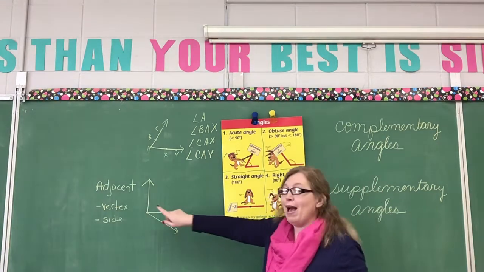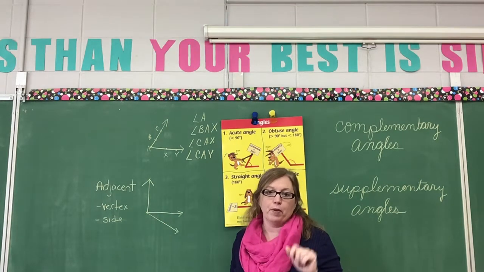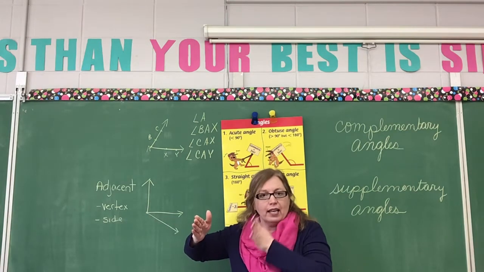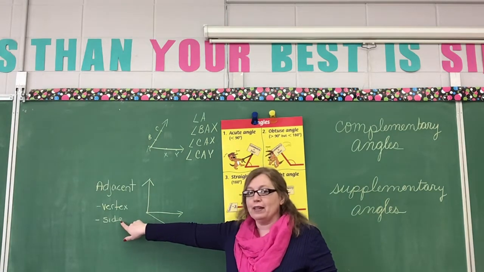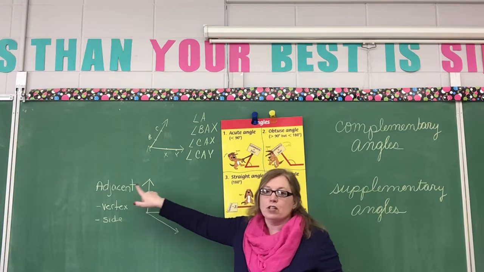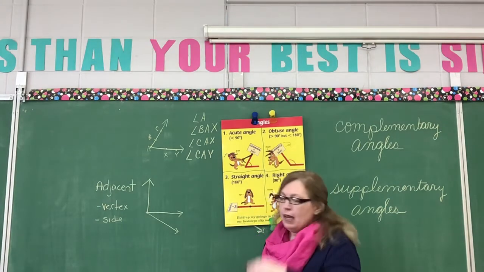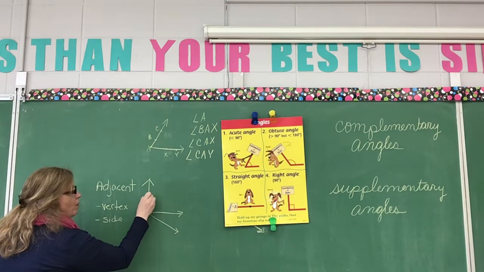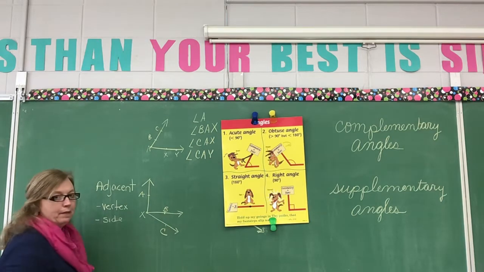So, when you have an adjacent angle, 2 things must be shared. One, you must share a side, just like Chris and our family share a side between our houses. The other thing is you must share the vertex in an angle. Here I have drawn two angles that are connected. Let's make this X, we'll make this A, B, and C, okay?